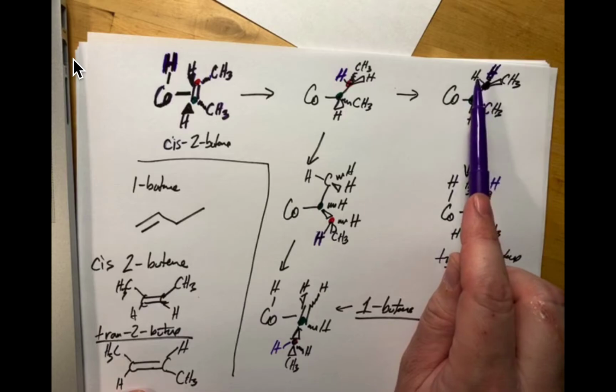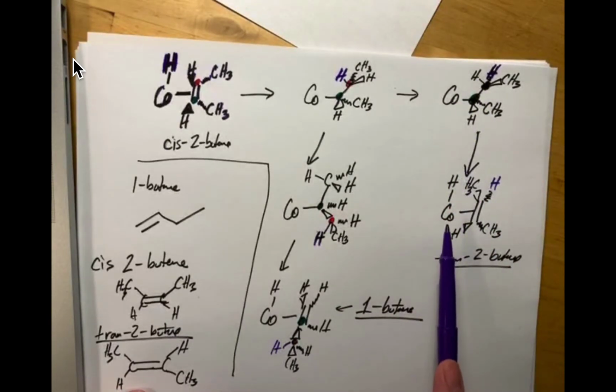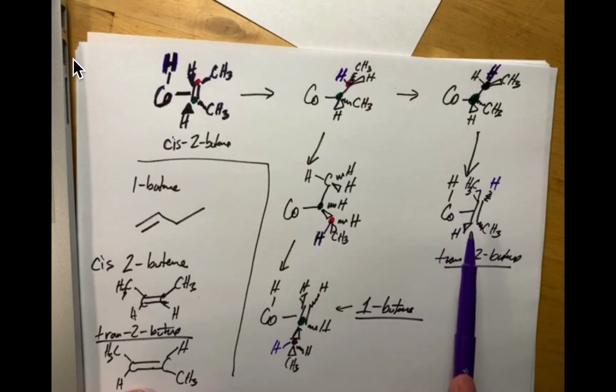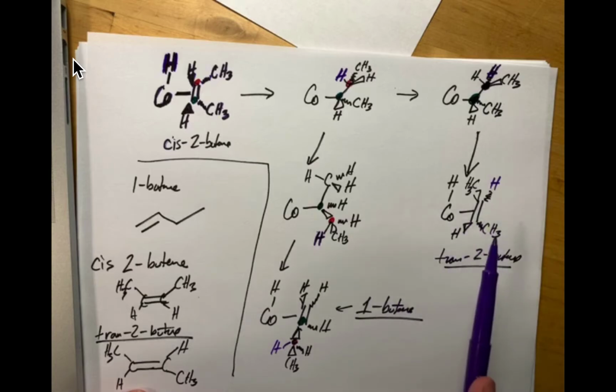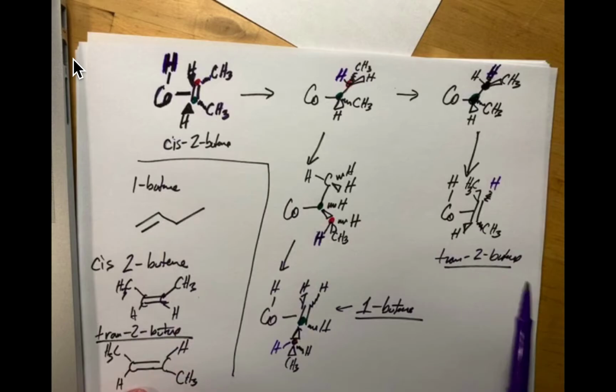It takes this hydride and puts it onto the metal center, and now what we've got is a cobalt hydride with a trans-2-butene. So we have one methyl group pointing back and one methyl group pointing forward. So it's trans where it started out cis at the beginning. Now if this dissociates into the solution, you've done an isomerization from cis-2-butene to trans-2-butene.